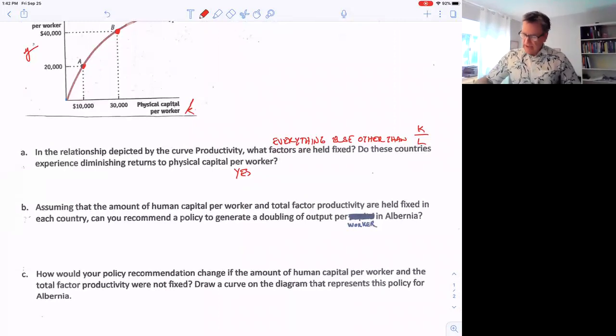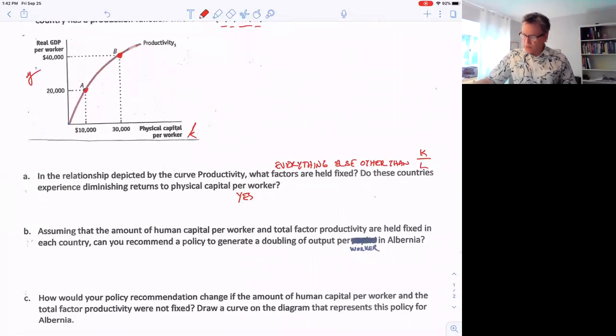Assuming the amount of human capital per worker and total factor productivity are held fixed. So A is held fixed, and little k is held fixed. Put a little bar over them. Can you recommend a policy to generate a doubling of output per worker?